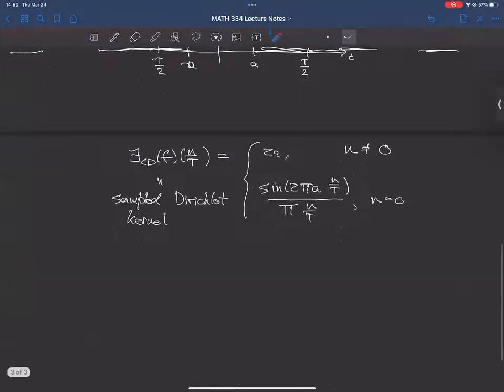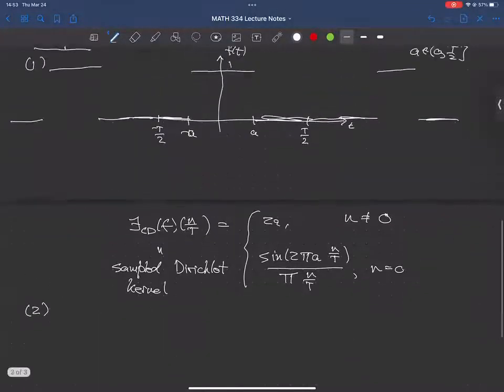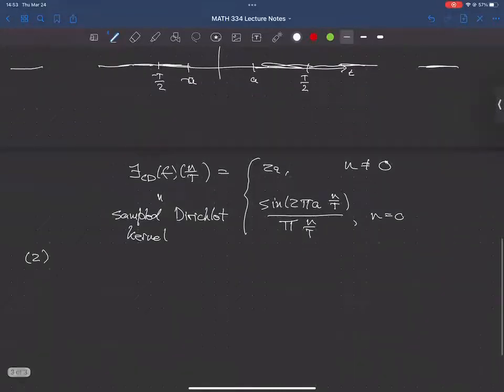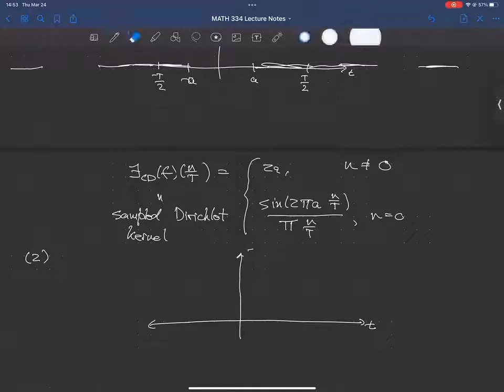All right, so let's just store that little fact about the CDFT of that thing, and let's look at another signal that we're going to transform. Maybe we'll just call this one f as well, since for our purposes right now it's just some generic signal. It's going to be similar in the sense that we're going to define it on the period from minus T over 2 to T over 2.